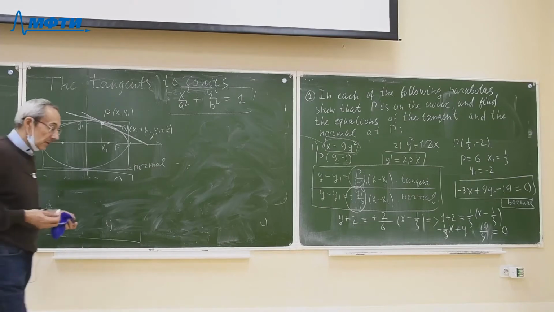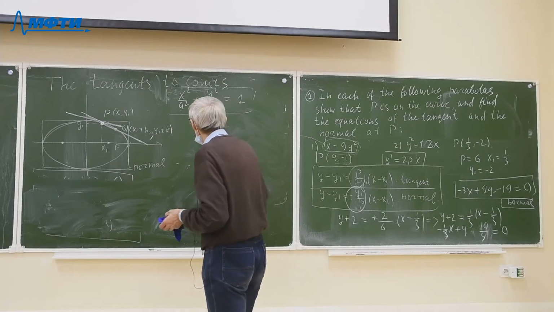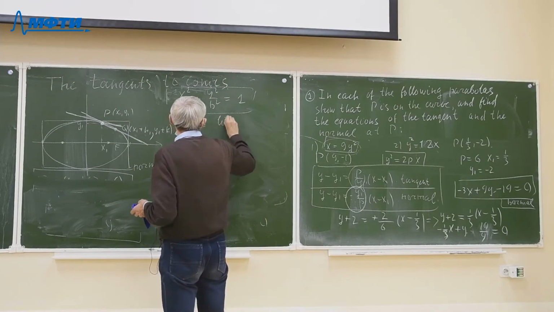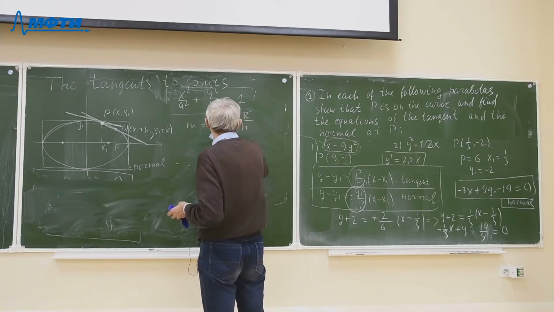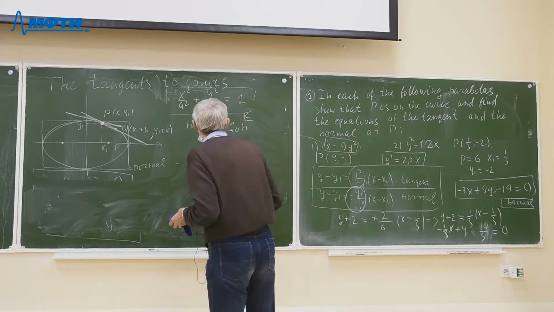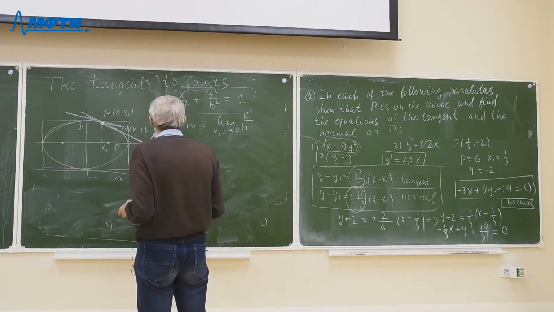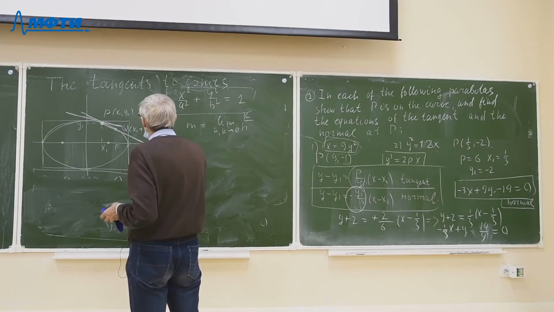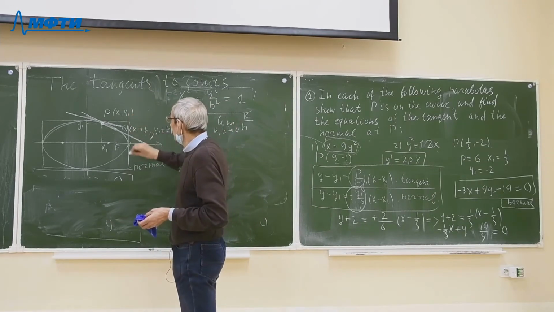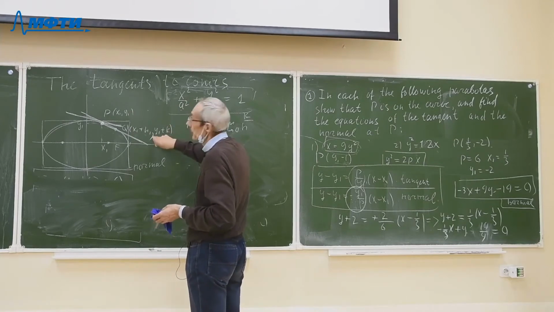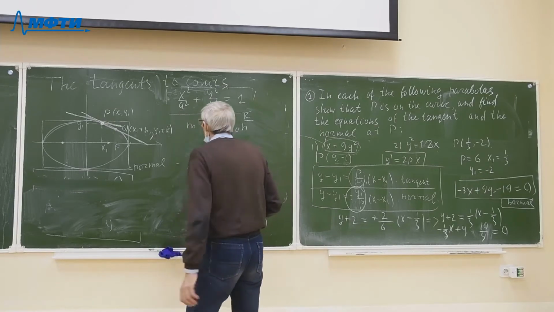And as in the case of the parabola, we can calculate the angle coefficient m as limit of the ratio k to h when h, k tends to 0. And we suggest that both of these points P and Q belong to our curve, and its coordinates satisfy the equation of our ellipse.